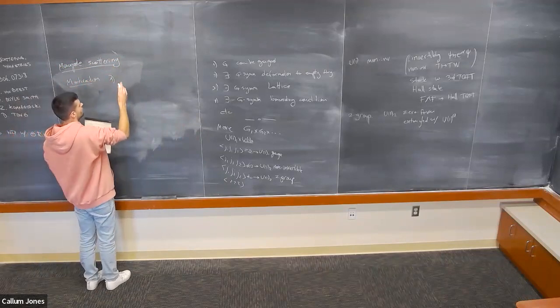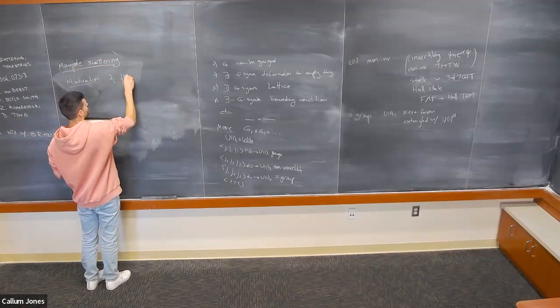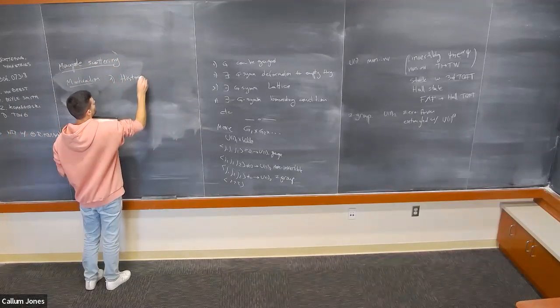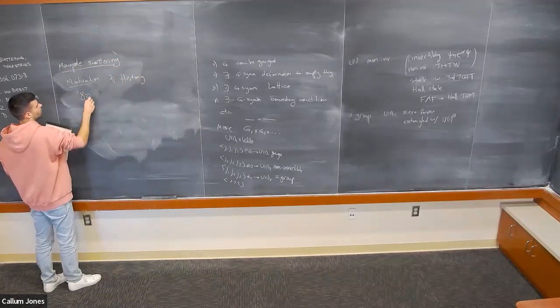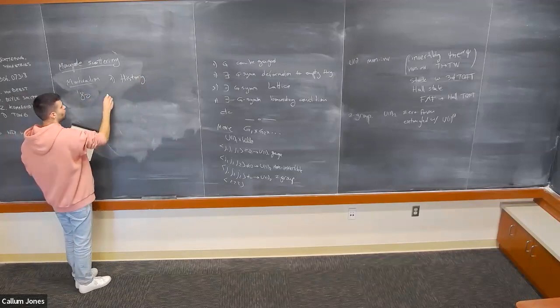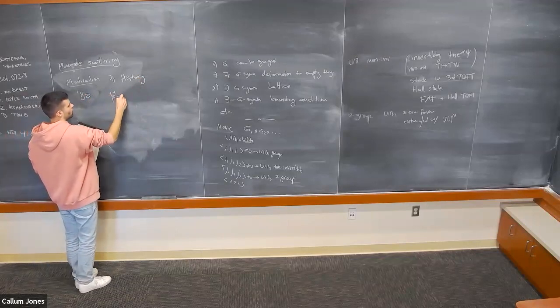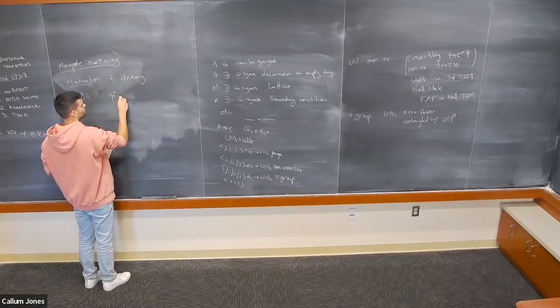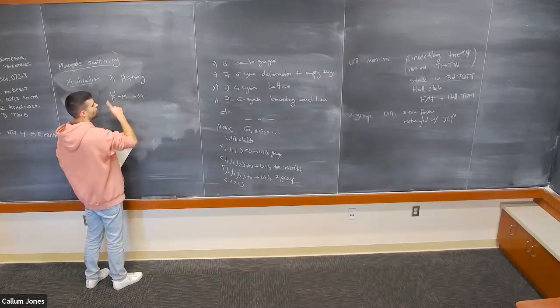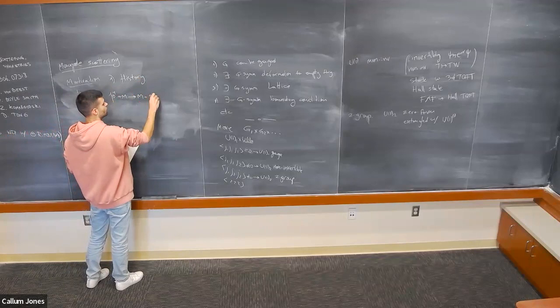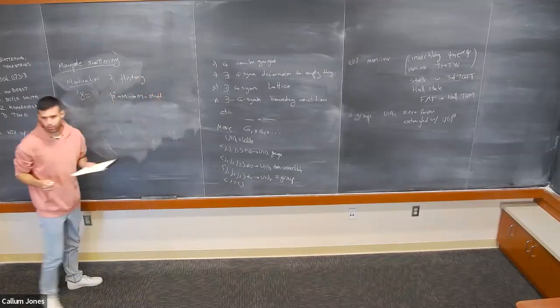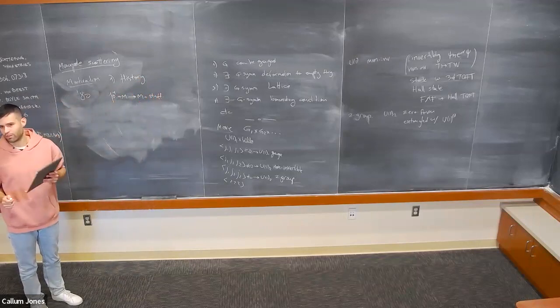First, let me tell you a bit about history. So in the 80s, people realized that if you take a proton and you throw it at a monopole, this basically breaks the proton into stuff. So protons decay in the presence of a monopole.